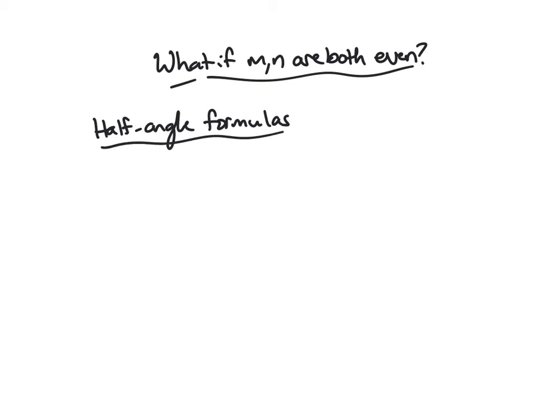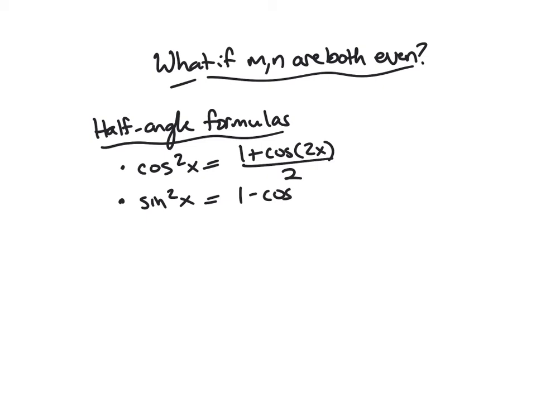And so one can do this via the half angle formulas. So let's remember these. So cosine squared x can be rewritten as (1 plus cosine of 2x) over 2. Sine squared x is the same thing, except it's a minus instead of a plus. So we've reduced the power from 2 to 1.